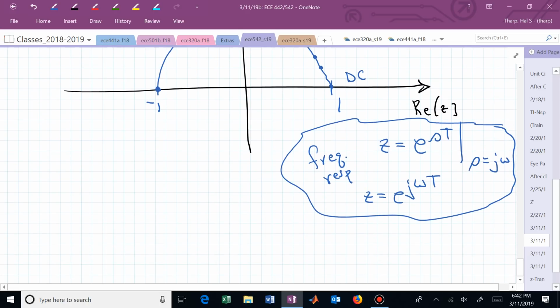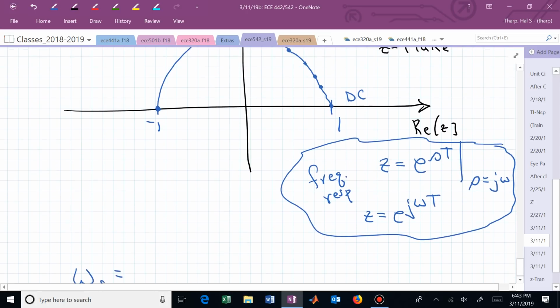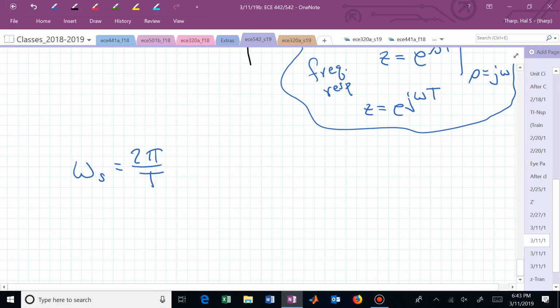What do we know omega s is? Omega s is 2 pi over T. Yes, that's how we defined omega sub s, or that's how we find capital T. I now would like to say that the highest frequency that we can actually see in discrete time is based on that sampling frequency, and in fact, it's only half the sampling frequency.